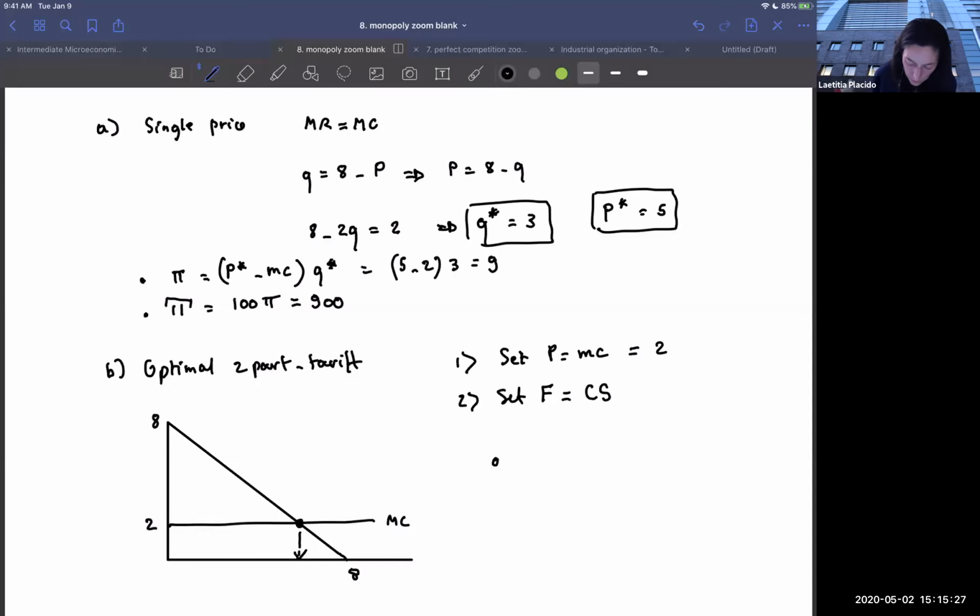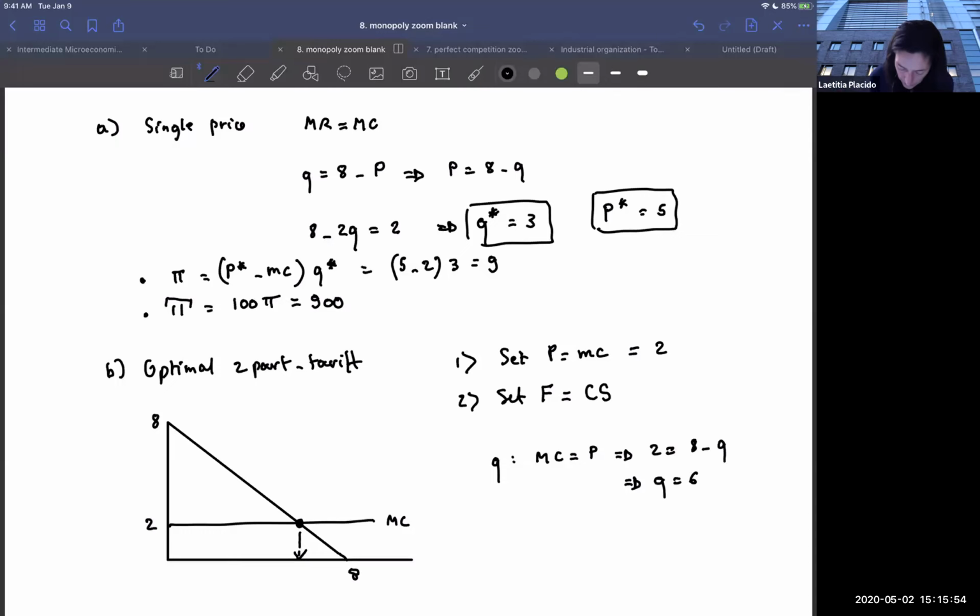The quantity consumed is given by MC equals the demand curve, which is 2 equals 8 minus Q, and we have Q equals 6.